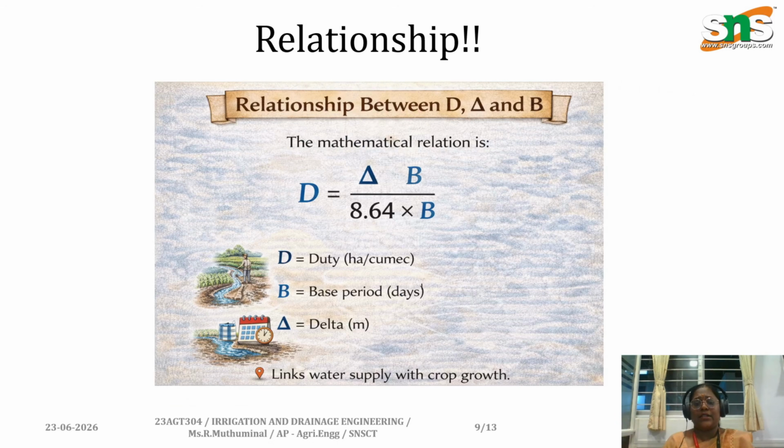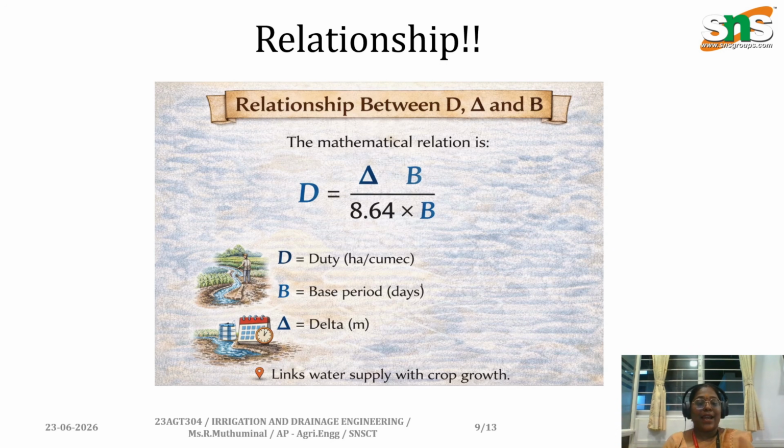These three parameters are closely related because if the base period increases, the duty and the water requirement also change. Similarly, a crop with higher base period and higher delta will require a greater volume of water. So the engineers use this relationship among these parameters while designing reservoirs and canal systems.